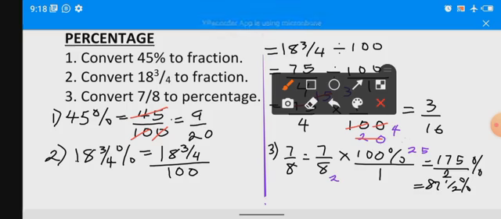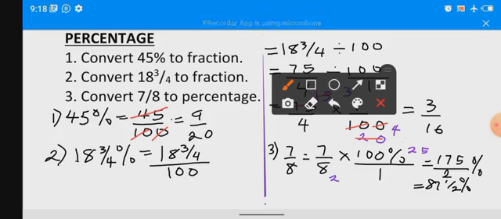In this video, we shall be looking into how to convert percentage to fraction and vice versa. That is also changing fractions to percentage.